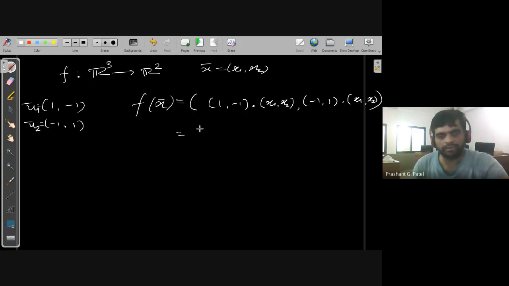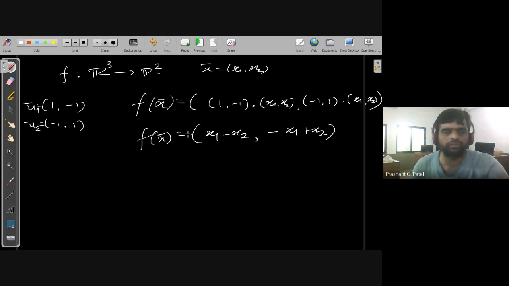This gives me x1 minus x2, and the second dot product gives me minus x1 plus x2. So this is my function. I can say it is a projection from R3 to R2. So this is just giving you an example.